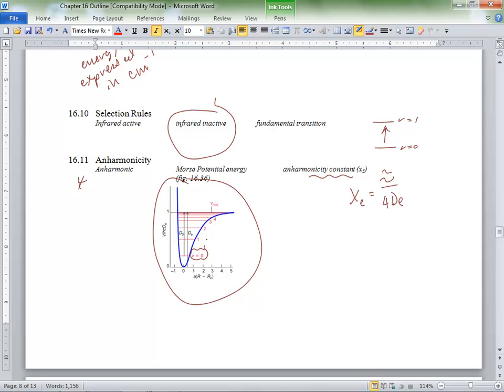Okay, and then the book has some other relationships that I'm going to write down. I don't know if I added these or not. I should take a look at your notes, but there's how D naught and DE are related. Okay.